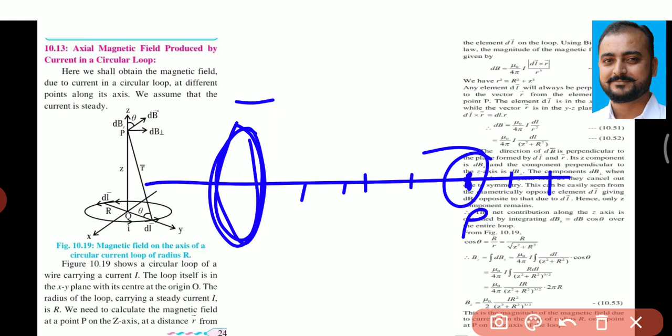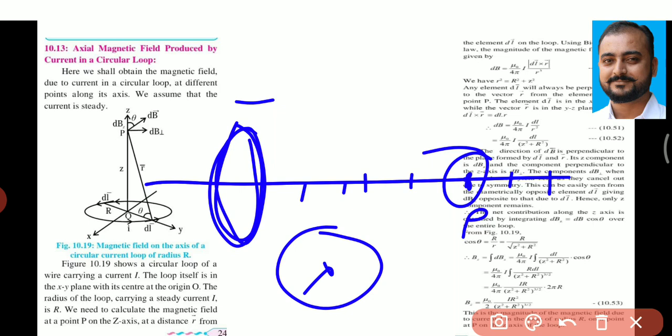Okay, understood the difference between the previous topic and this topic? In the previous topic we simply found the magnetic field at a point in the plane of the given circular loop. But now this topic 10.13 is for what?